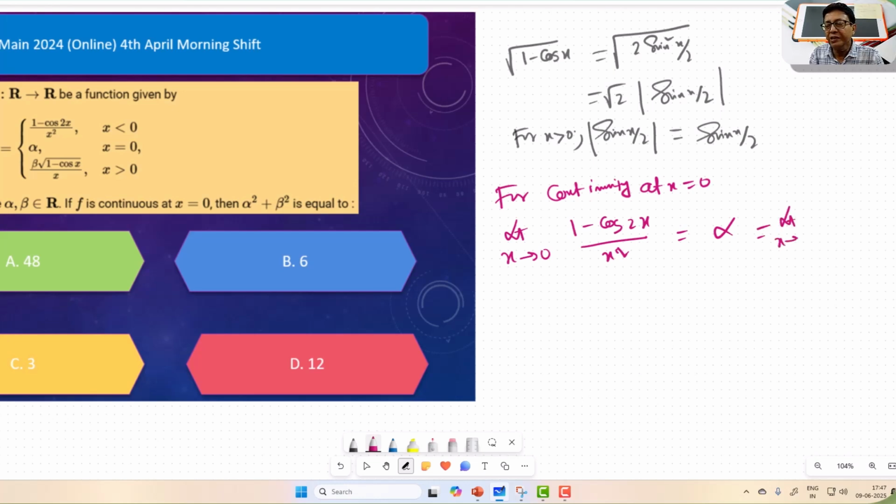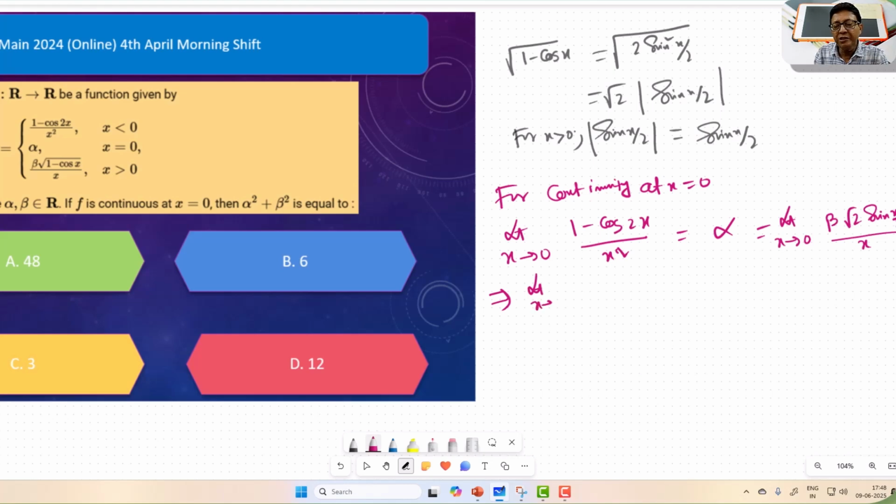Limit x tending to 0, beta root 2, and this one we have confirmed, that will be root 2 sin x.